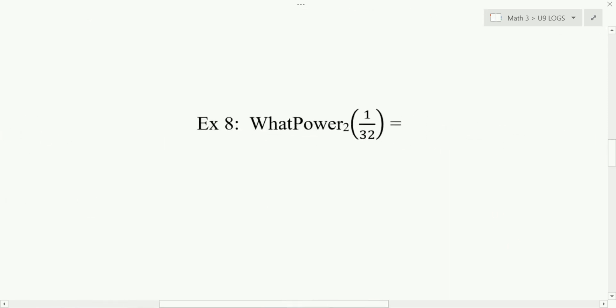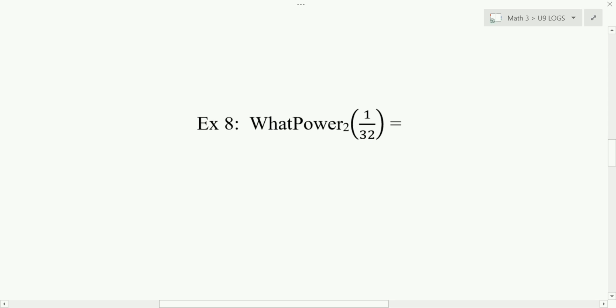Try this one. What power base 2 is 1 over 32? Anybody have an idea? 5.